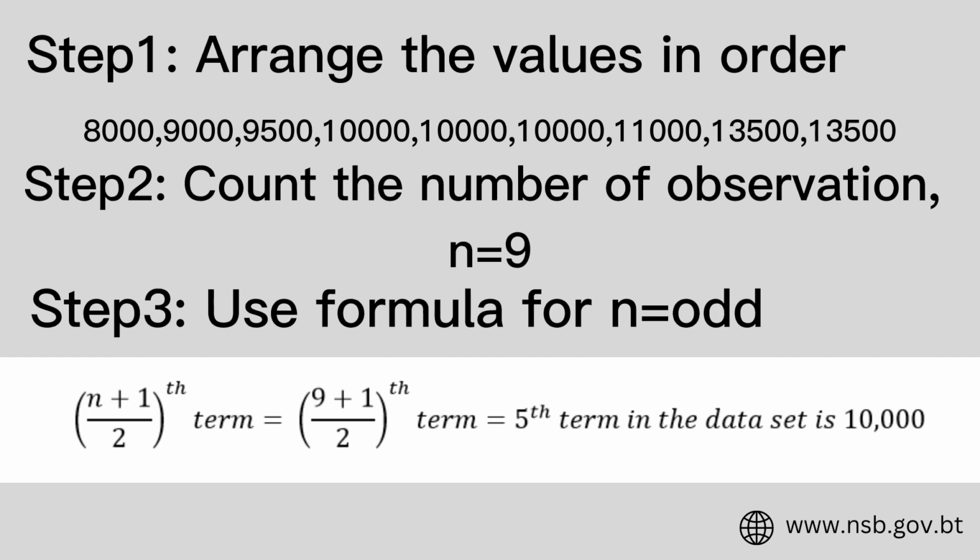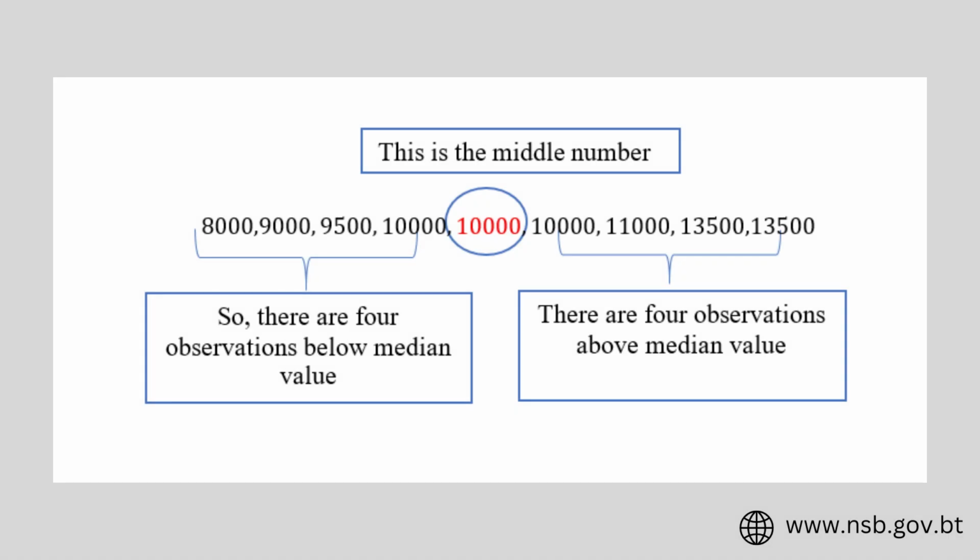So the 5th term in our data set is the median and the value is 10,000. As you can see in the figure, the median value divides the whole dataset into two equal halves. In this case, there are 4 observations below the median value and there are 4 observations above the median value.